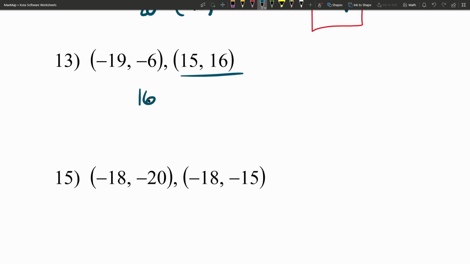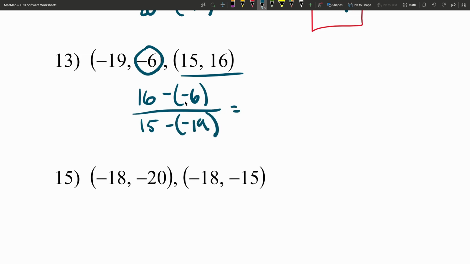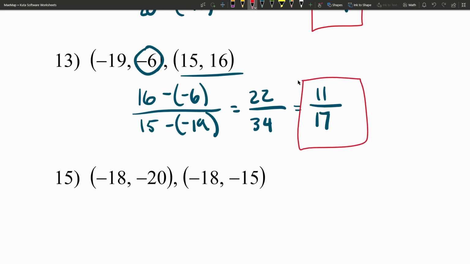So we're going to do 16 minus a negative 6 all over 15 minus a negative 19. 16 minus a negative 6, that's 16 plus 6, which gives us 22. 15 minus a negative 19 is 15 plus 19, which gives us a positive 34. 22 divided by 2 is 11, and 34 divided by 2 is 17. So that's 11/17 for our simplified fraction in number 13.